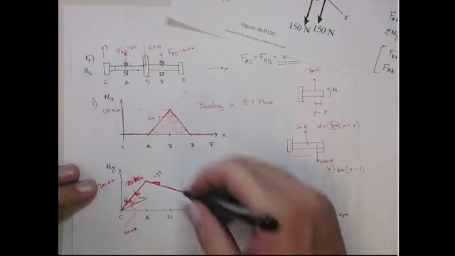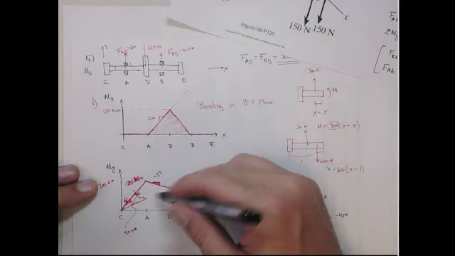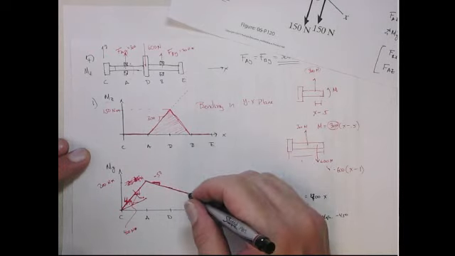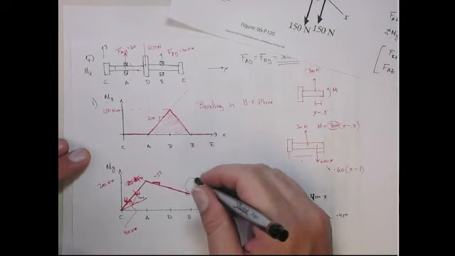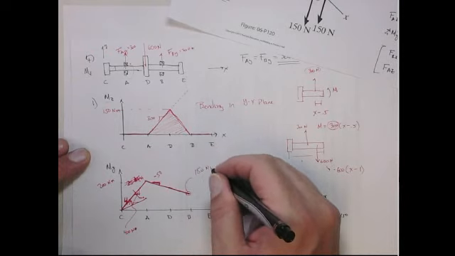And so the total drop here is going to be 50 times 1 meter, so that's going to be minus 50. So that means this is going to drop down to the moment at this point, 150 Newton meters.